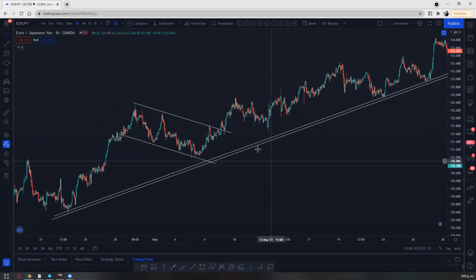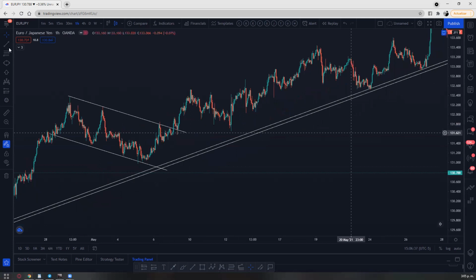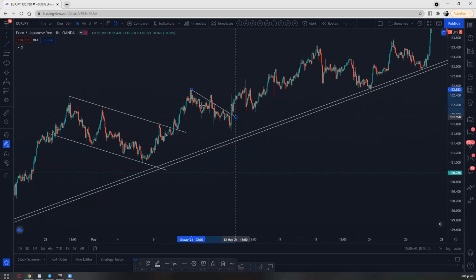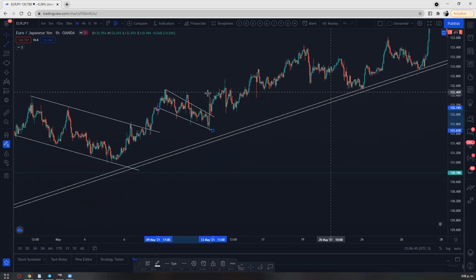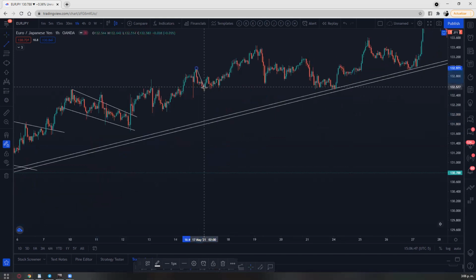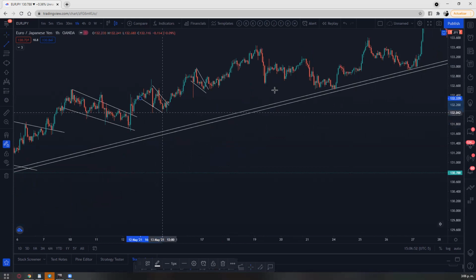Okay, so I'm a breakout trader. What would I do? If I see a flag pattern like that, I will get in exactly here. Okay, let's see how many flags we can see here in this zone right here. Another flag right here. We're seeing small flags, some like a candle, some like triangles.